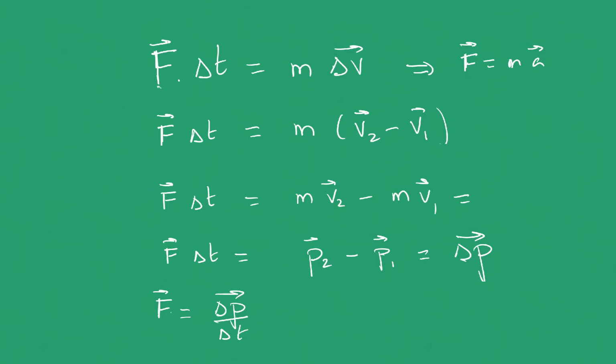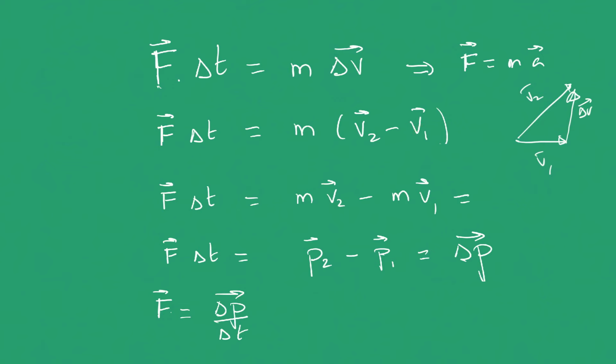Remember what we have said about the vector v1 and the vector v2: v1 is going like this, and v2 later is going like this. The change in the vector velocity is this vector, v2 minus v1. This is the change in the velocity.